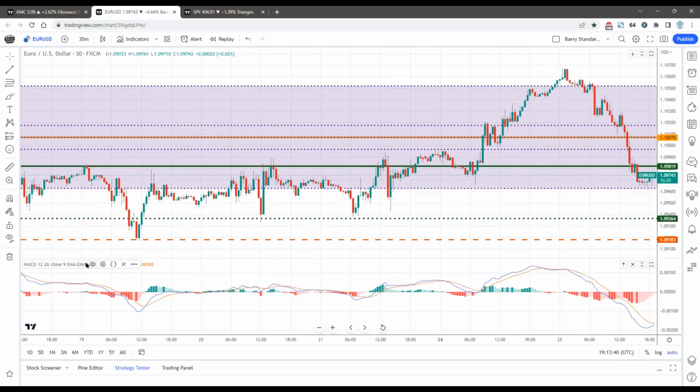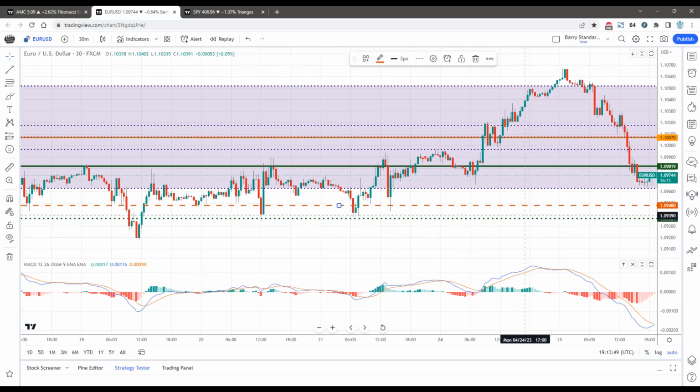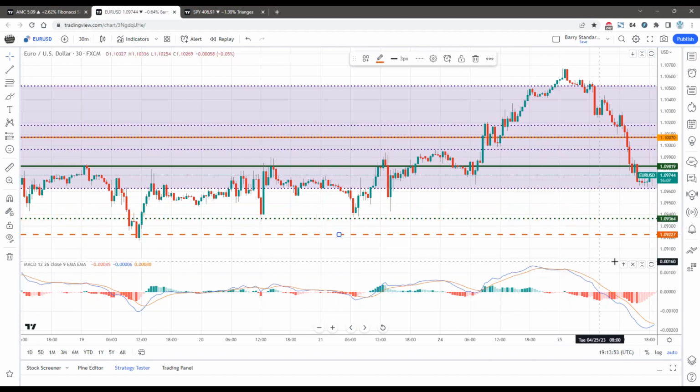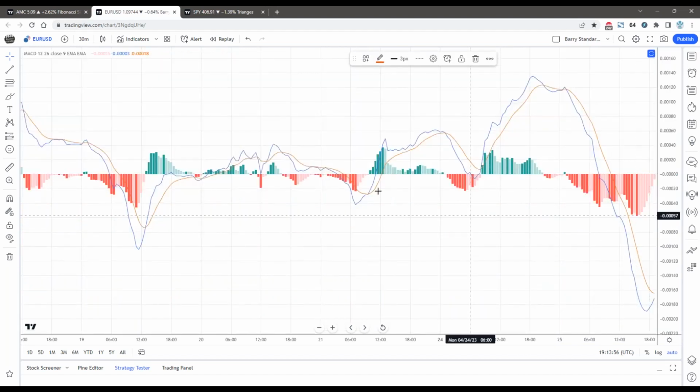Okay, so on the bottom of my chart down here, I've placed the MACD. I've just enlarged it so you see it visually.